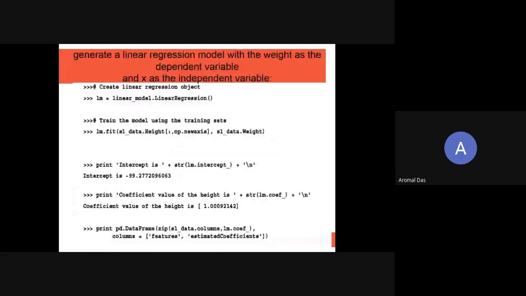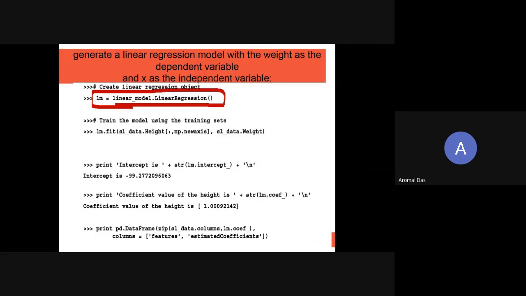So how to generate a linear regression model with the weight as the dependent variable and x as the independent variable? Create a linear regression object using this equation. So this line, lm, is the object. Then we need to fit. What are the data here? Height and weight. First of all, we need to train the model using the training set.